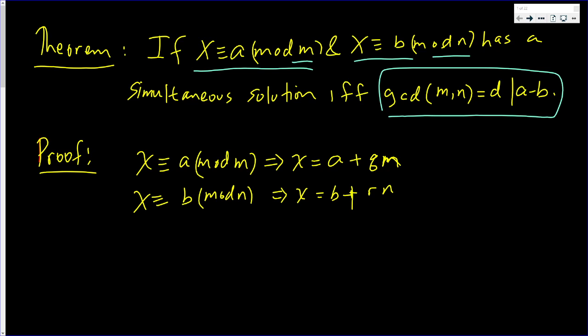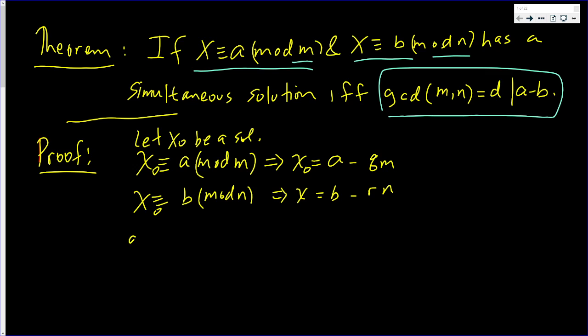Now, I want to make one little change in this. Let x0 be a solution. So, let's invoke the solution. And I want to make one other change. To make my life easier, I want to say minus qm and minus Rn.